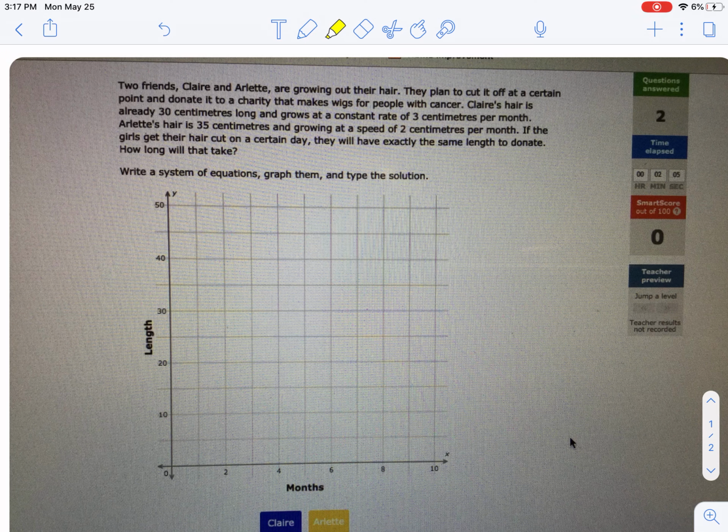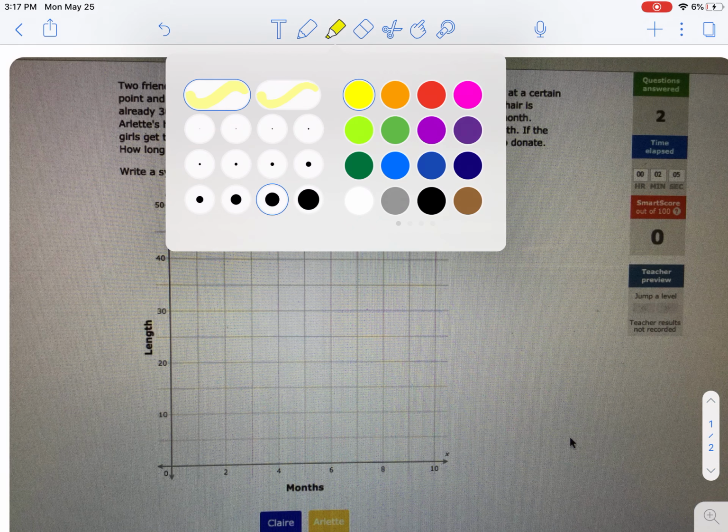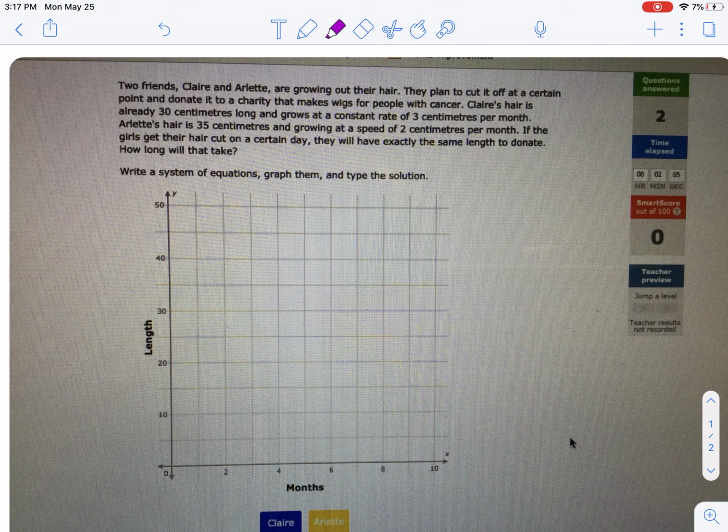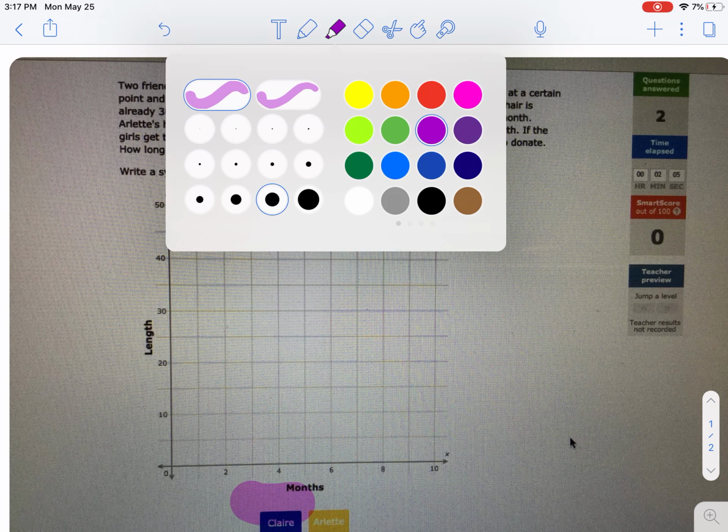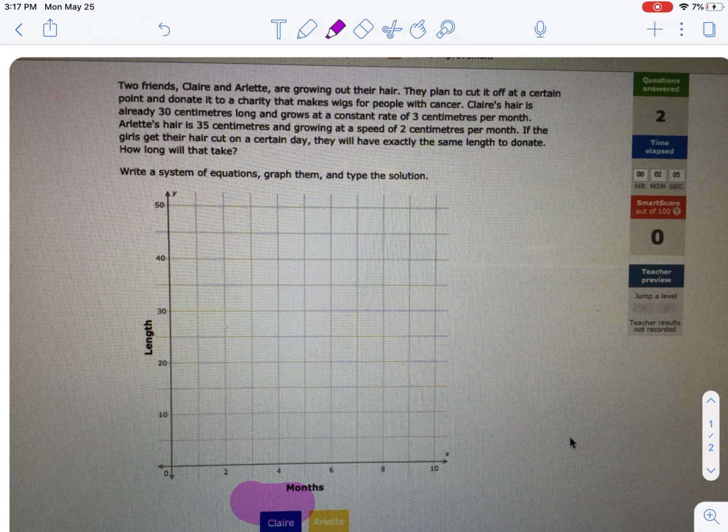Okay, so let's start with Claire. We'll use purple for her since her name is in purple here. And we'll make this just a little bit smaller so it's easier to see the specific points. Now it says Claire's hair is 30 centimeters long. So we would put a dot for Claire at 30 because she's starting at 30.